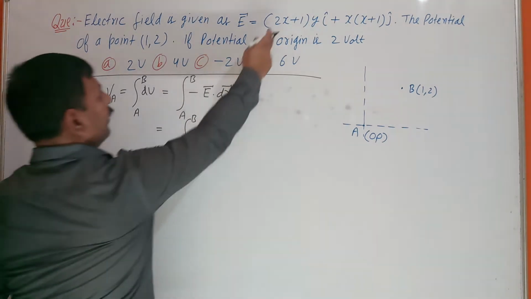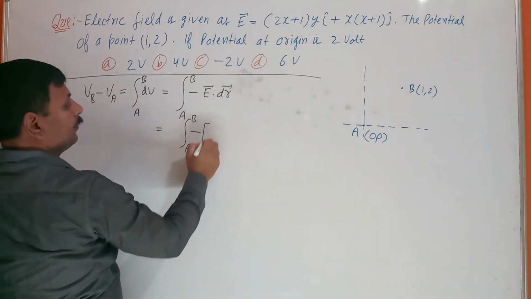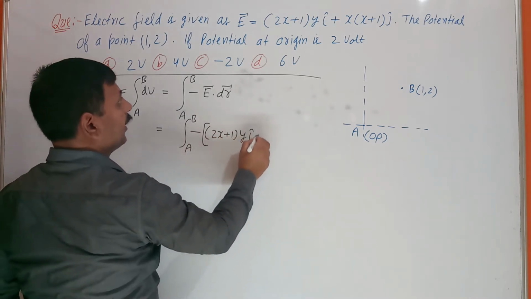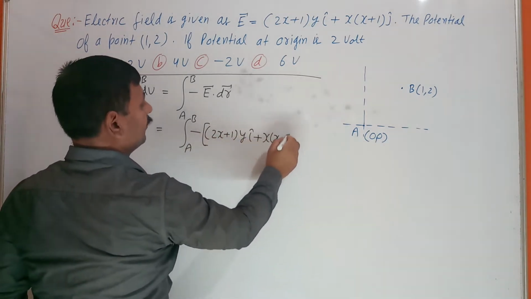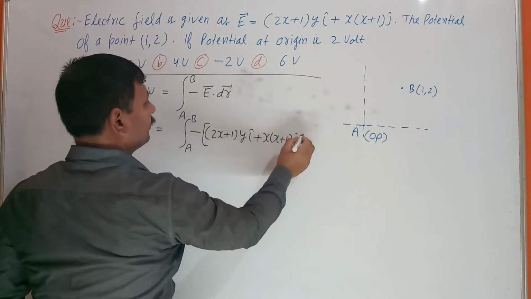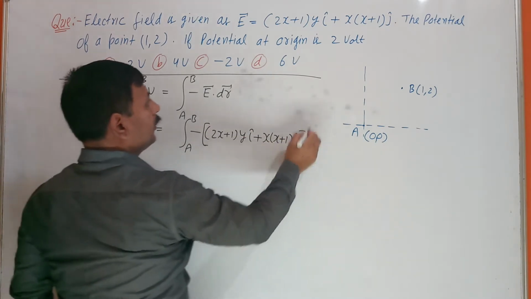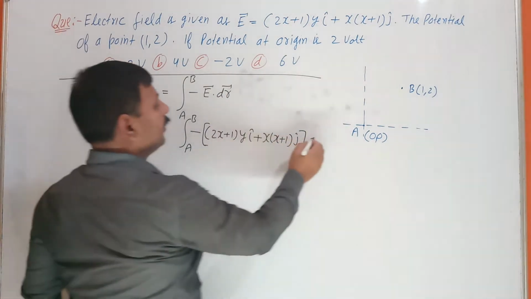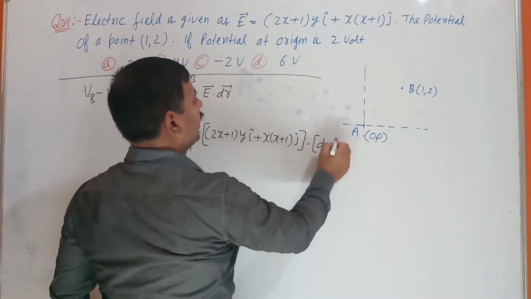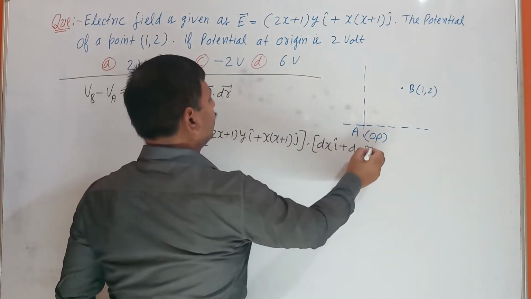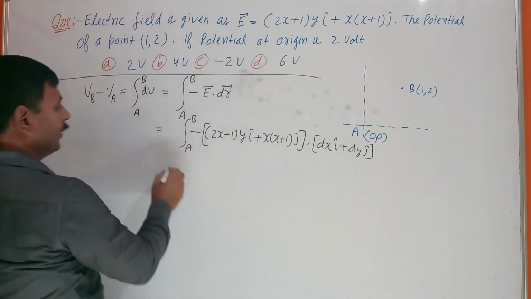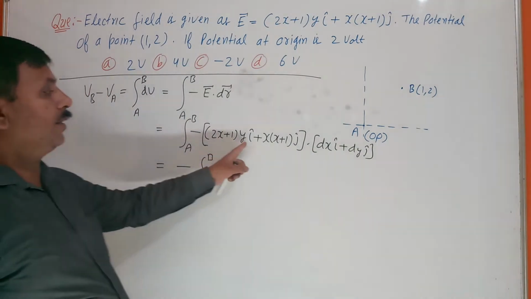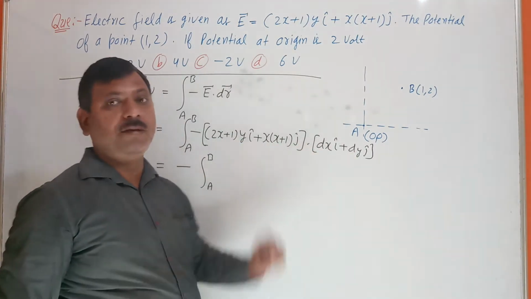So minus E, which they have given as (2xy + 1)i + x(x + 1)j, dot, what will be dr? If I take a general coordinate (x, y), then dr will be dx i plus dy j. Dot multiplication is a1 a2 plus b1 b2.